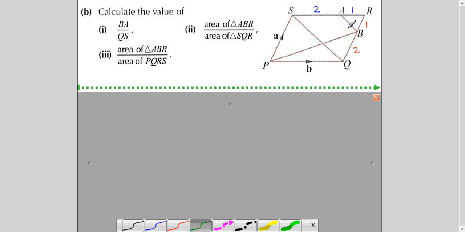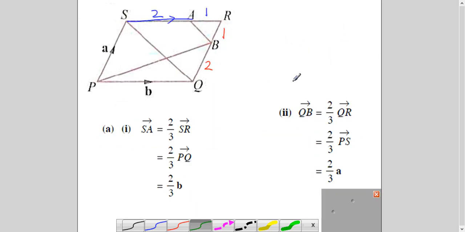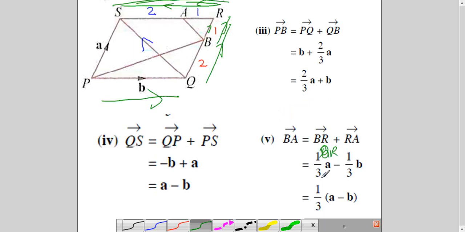And one more thing, if I see here, BA was coming 1/3 of A minus B, right? And QS was coming A minus B. Notice here.